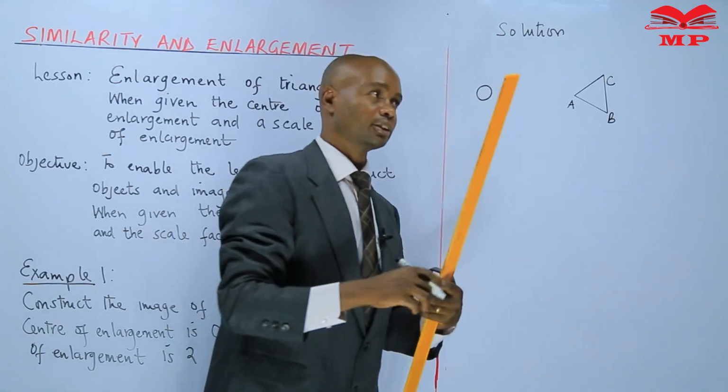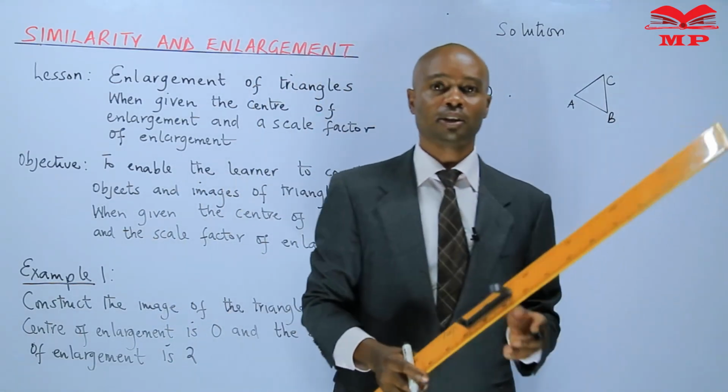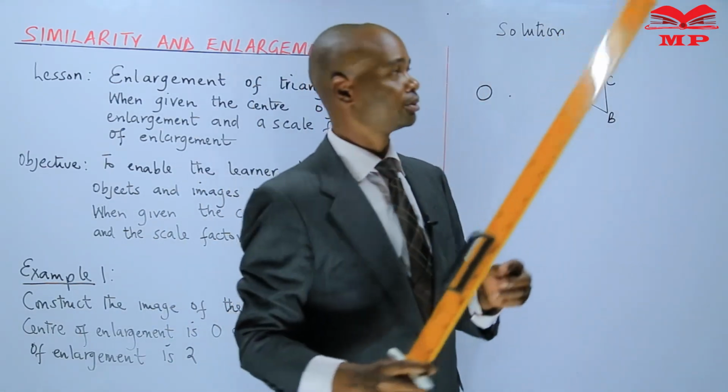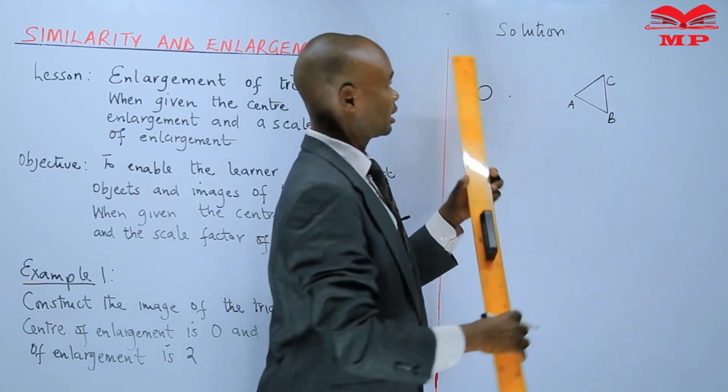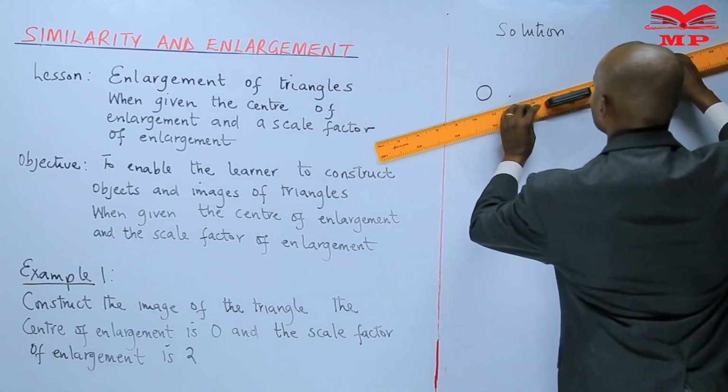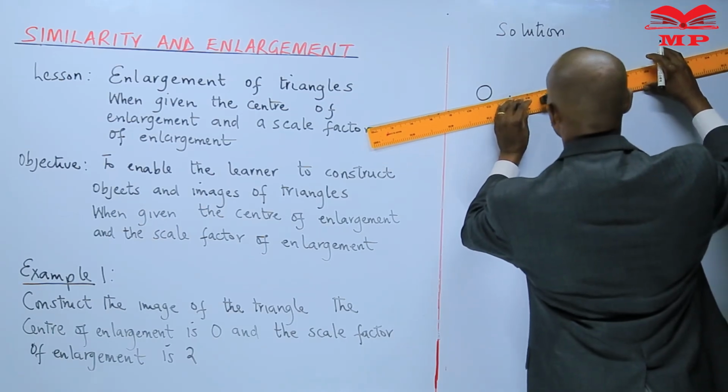In the examples we did on enlargement, when given the center of enlargement, you join the center of enlargement to each of the vertices and then you prolong.